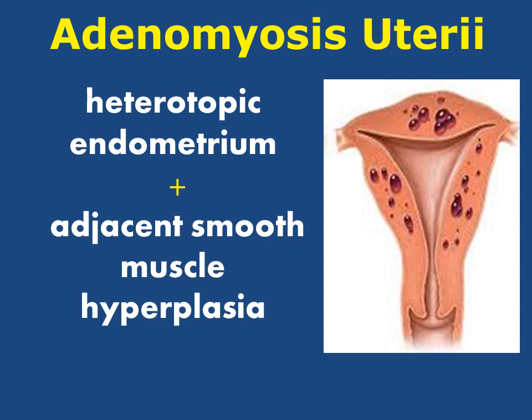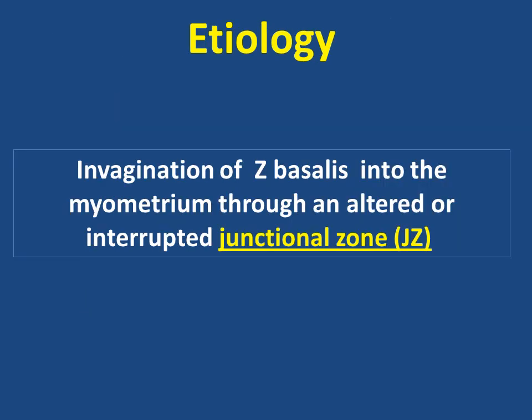And the adjacent myometrium is not innocent. It shows hyperplasia, so the uterus will be enlarged in size due to the muscle hyperplasia, or myometrial hyperplasia, and the implanted endometrial tissues.